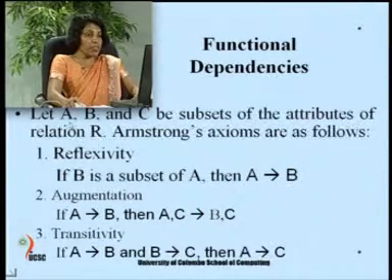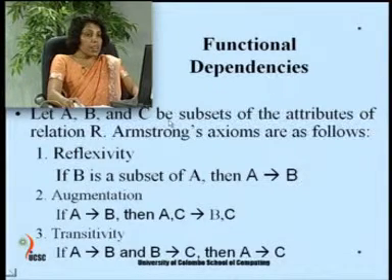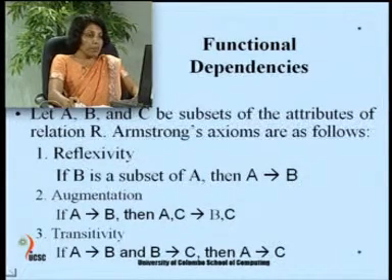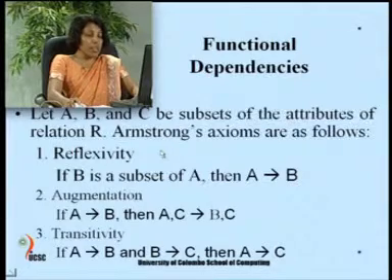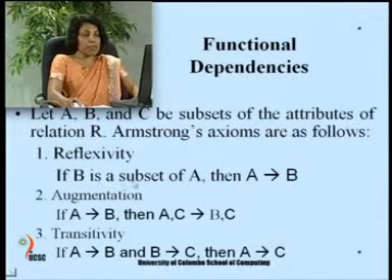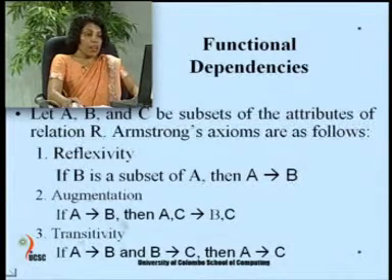Here we consider A, B and C as subsets of the attributes of a particular relation R. For example, there is this feature called reflexivity, and that means if B is a subset of A, then we can say that A is the determinant of B. And then there is this feature called augmentation.